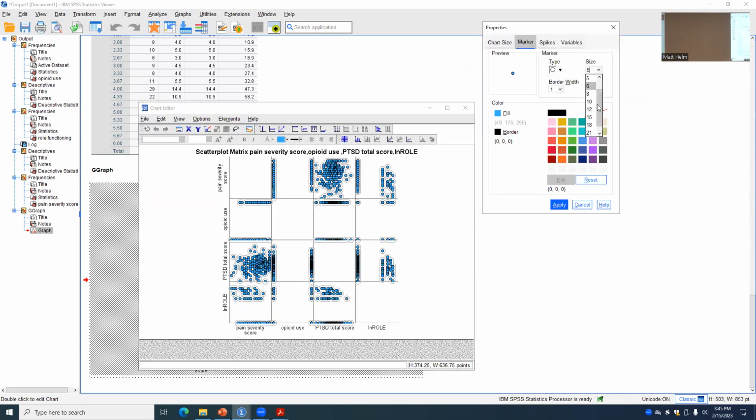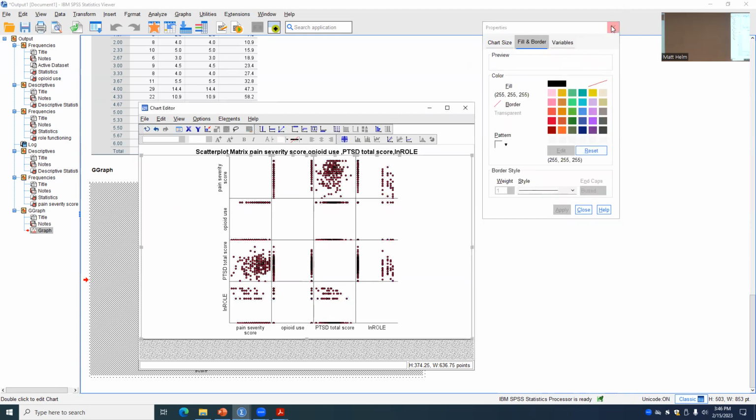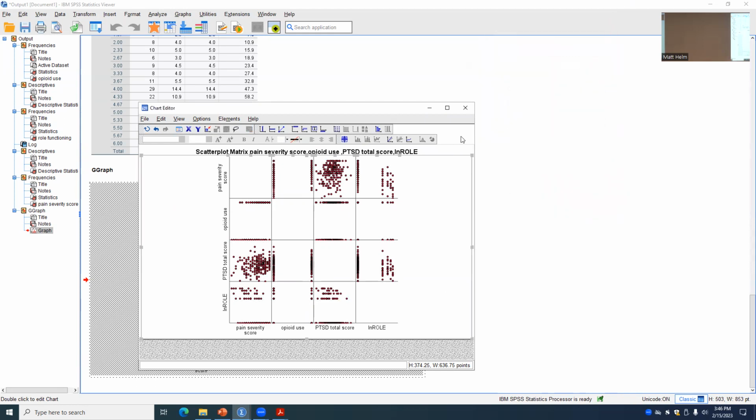I'm going to turn those dots really small, fill them with something red so it's easy to see, and hit apply. Now it's changed those little points to something a bit more manageable.